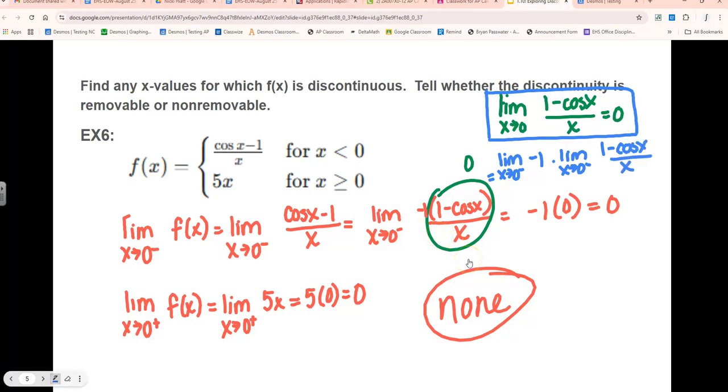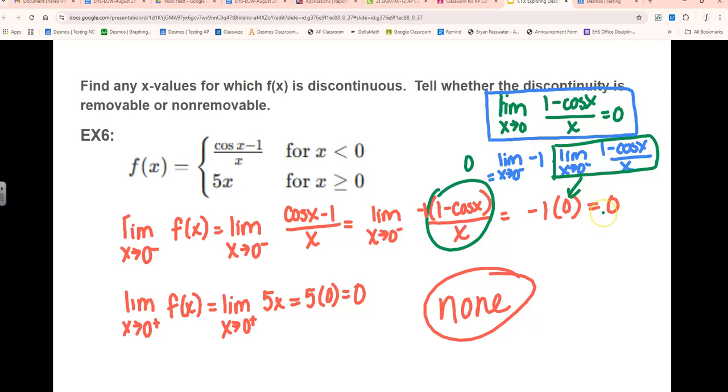So this whole expression right here would be 0. And the limit of negative 1 is just negative 1 because it's a constant. And so that'll give you 0 for that.